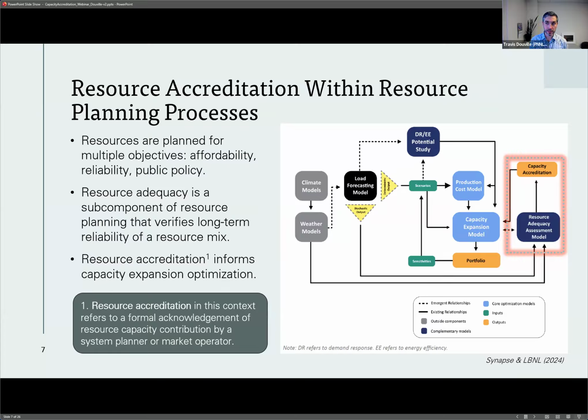And just a side note, a commonly cited criterion is 0.1 loss of load event days per year, LOLE, you've probably heard of. But there are more sophisticated metrics around loss of load hours, normalized unserved energy, value at risk, conditional value at risk.